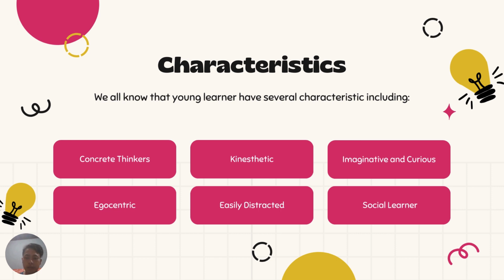Maybe a young learner pretends to want to become Spider-Man or something like that. And the last point is social learner. They thrive on interaction and collaboration with more knowledgeable peers and adults.